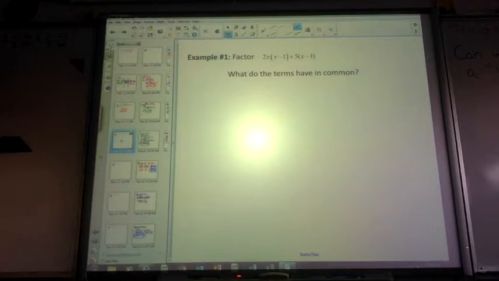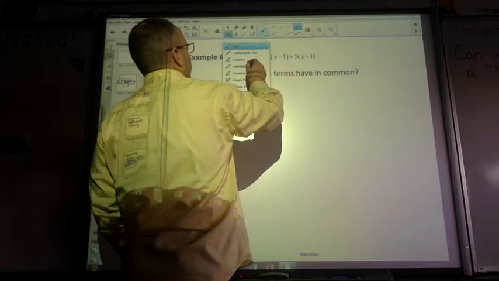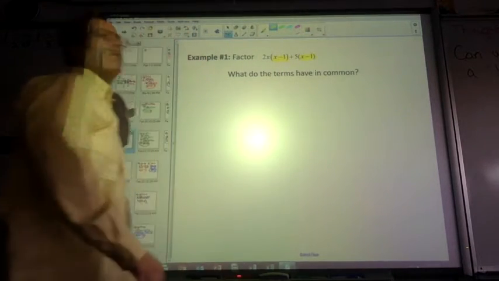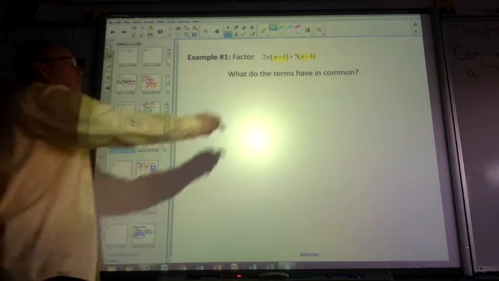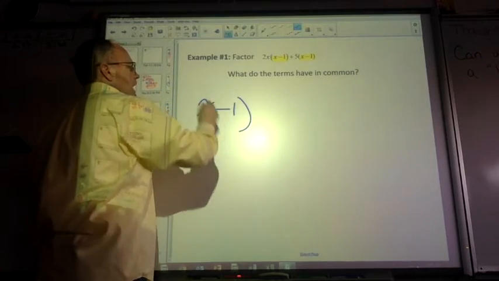All right. So, eyes up here. What do I have in common? Is this and this, do I have that in common on both? Okay. So I'm going to factor that entire term out. So I have x minus 1 that I can factor out.